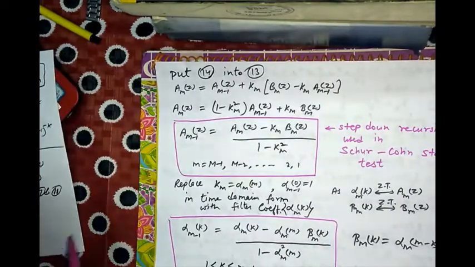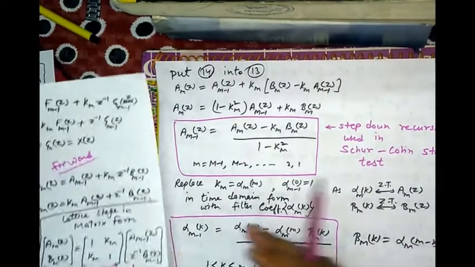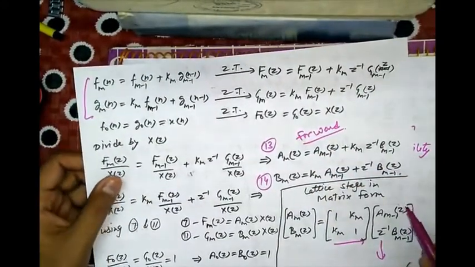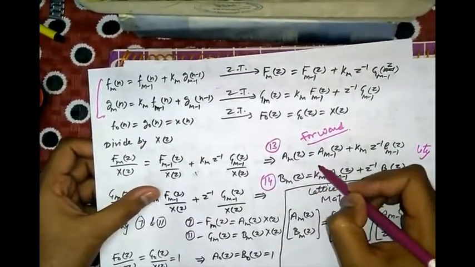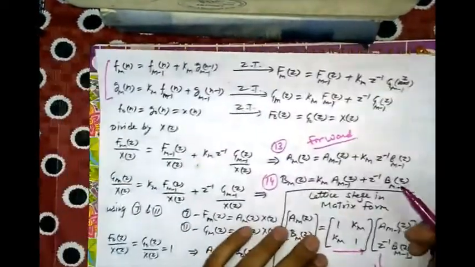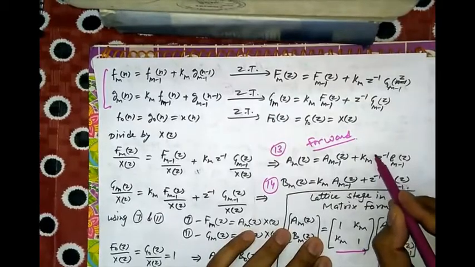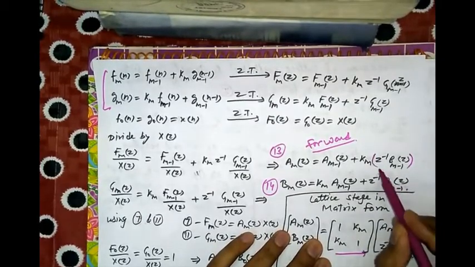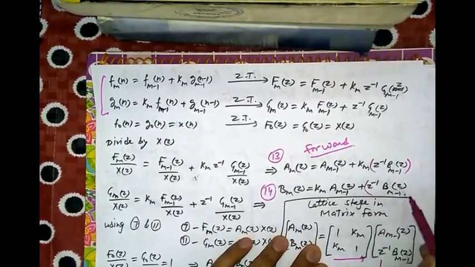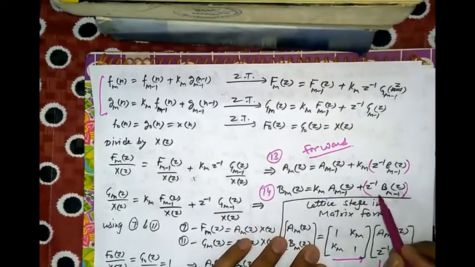Now again, to solve the two forward equations in the backward direction, we put equation number 14. Check this equation. This value z inverse B_{m-1}(z) can be taken from here. This is the same value.